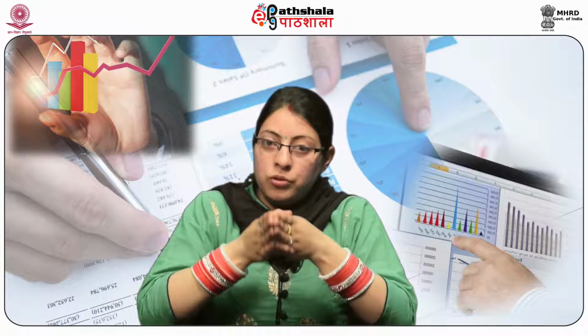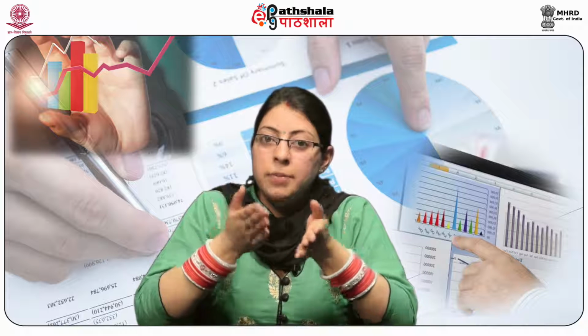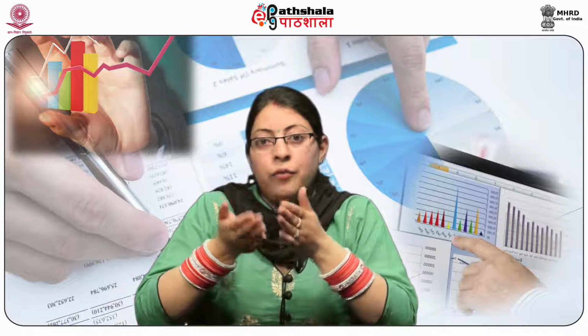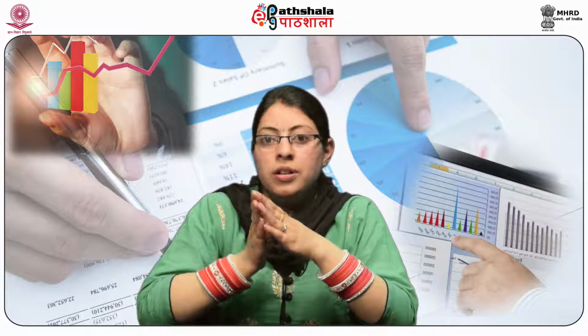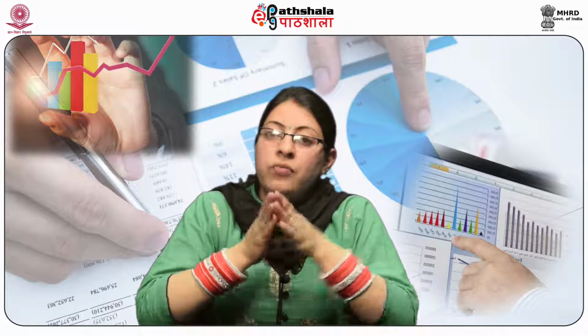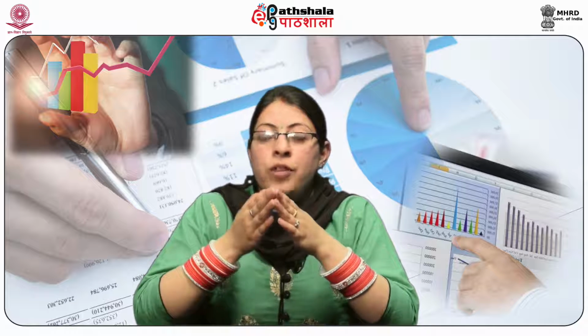Then we subtract interest from EBIT and we come to EBT, that is earning before tax. And when we deduct tax from EBT, we come to EAT, that is earning after tax.